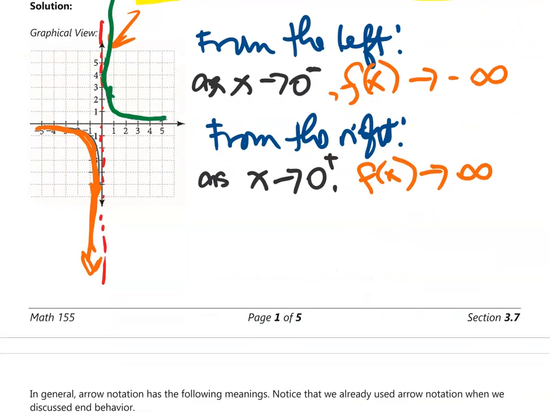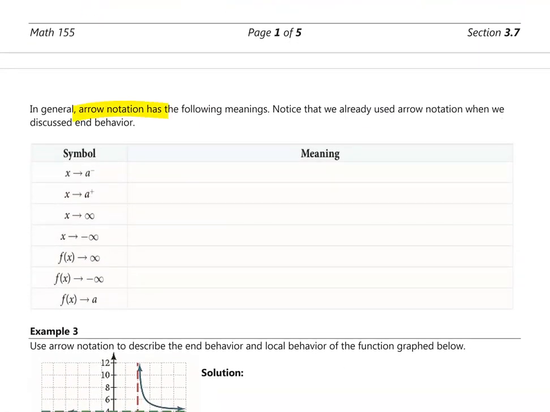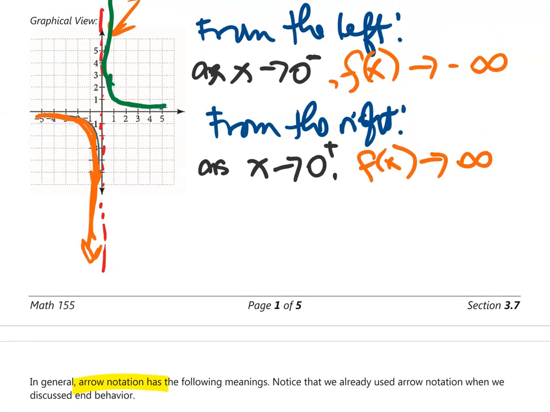And in general, arrow notation has the following meanings. Notice that we already used the arrow notation when we discussed the end behavior. Like I said again, from the left, the end behavior of this orange graph goes down, f of x is approaching negative infinity. That is as x approaches 0 from the left. From the right is this green graph here.